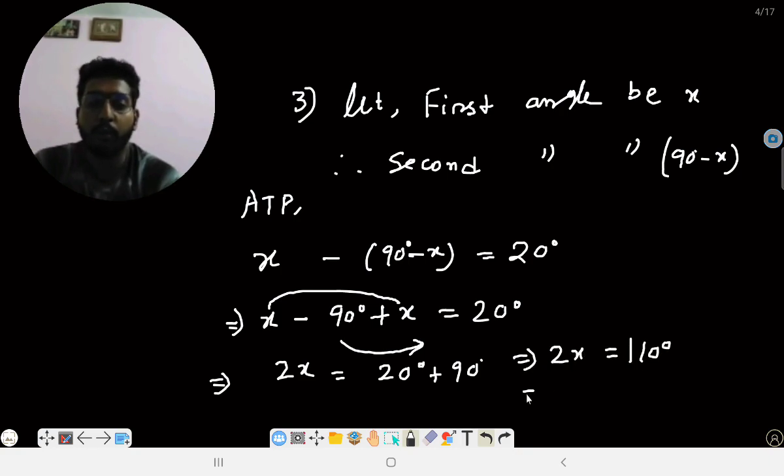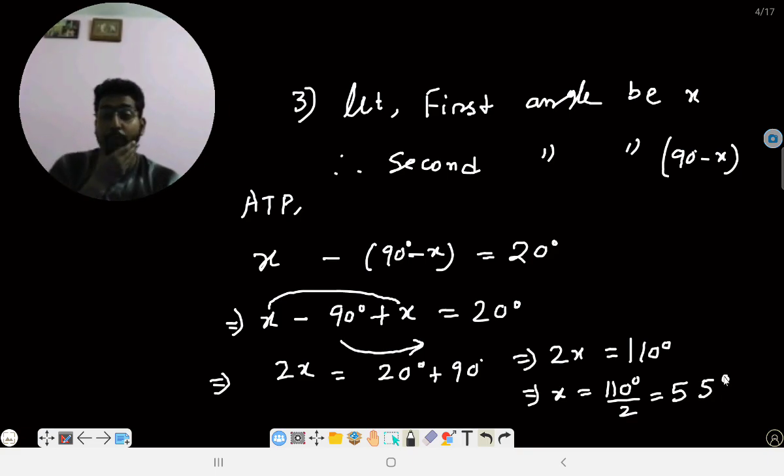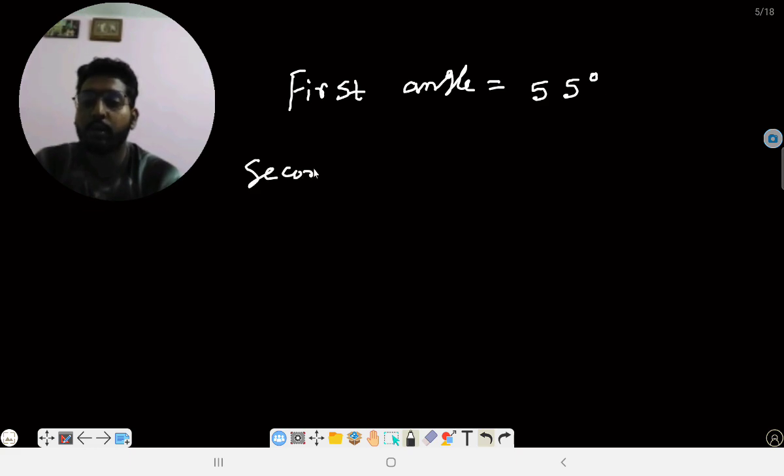Now what will be x then? x will be 110 degrees by 2, that means 55 degrees. So the first angle is 55 degrees. Now we have to find the second angle. The second angle will be 90 minus x. So 90 minus 55 degrees, that means 35 degrees. So 35 degrees will be the second angle.